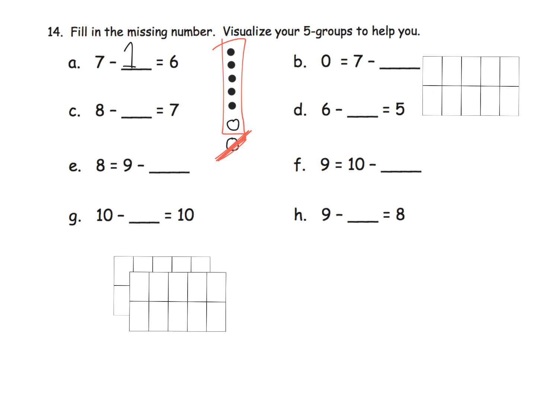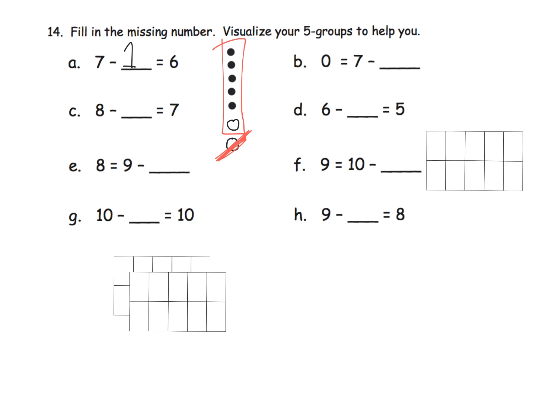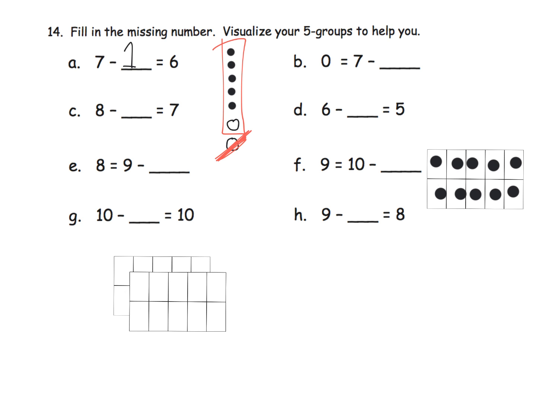And lastly, let's do question F. I'm going to take my little 10 frame, move it right here, and begin by setting it up. It says we start with 10, because remember, this is the difference over here. So we're going to start with 10, and we're going to do 1, 2, 3, 4, 5, 6, 7, 8, 9, 10.